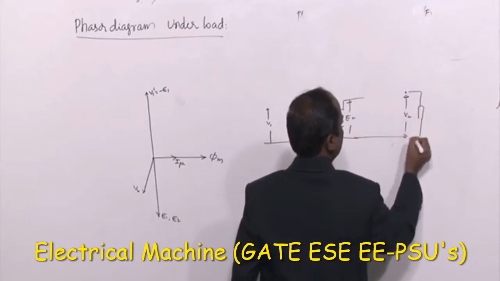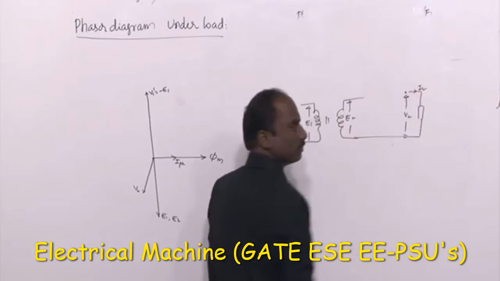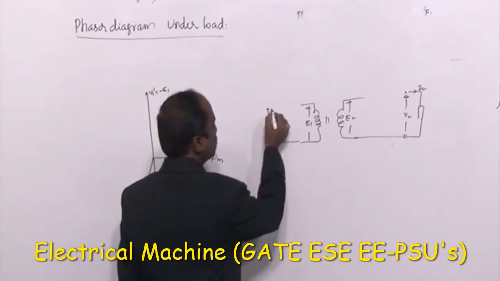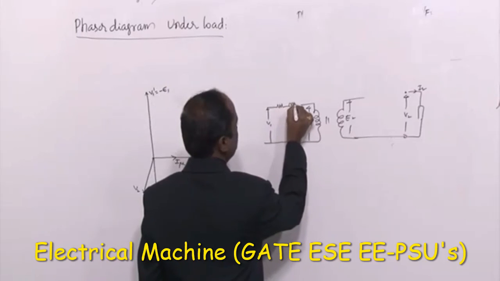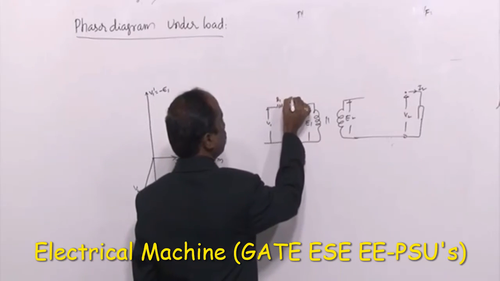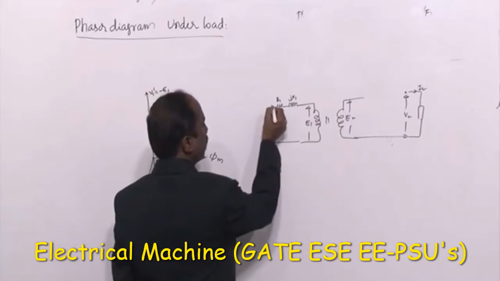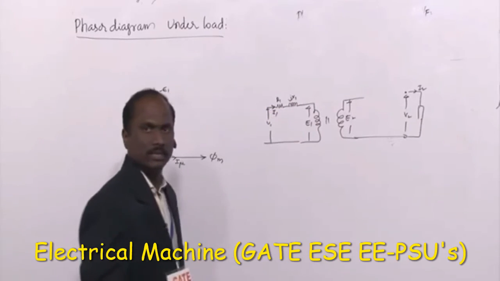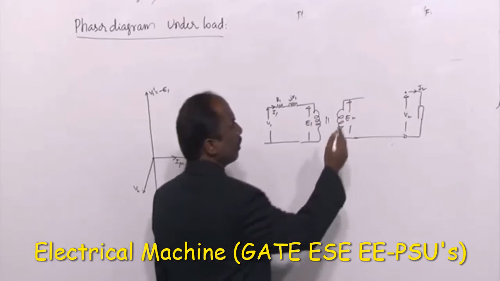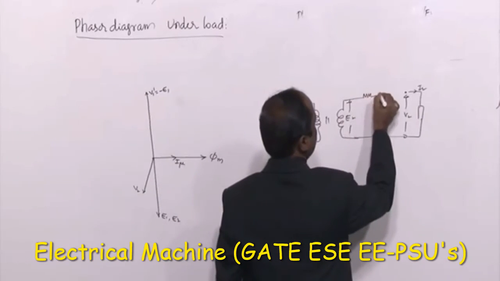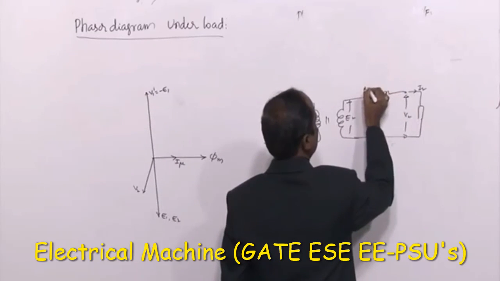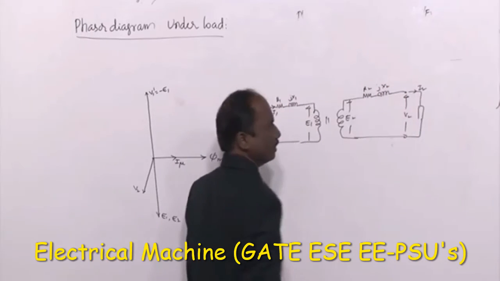When the transformer is loaded, it takes a current of I1. It has a resistance as well as a reactance, R1 and jX1. The secondary also has a resistance R2 and a reactance jX2.